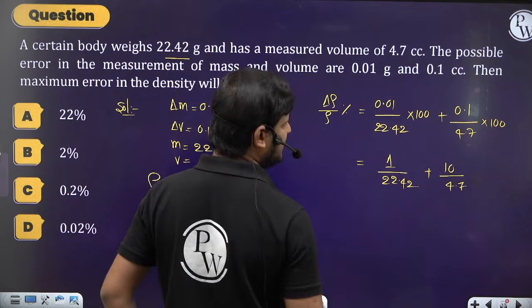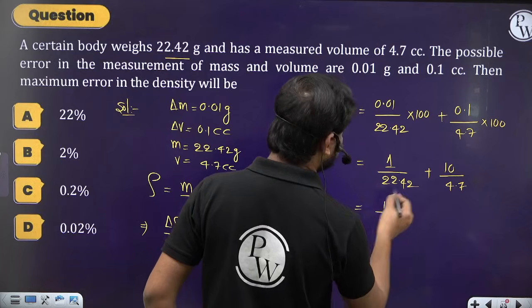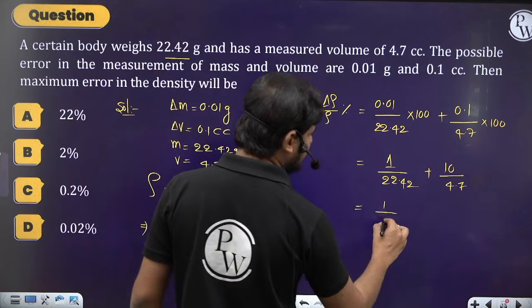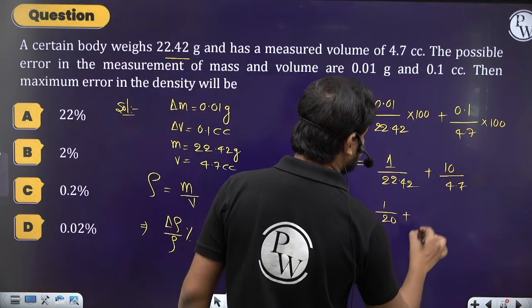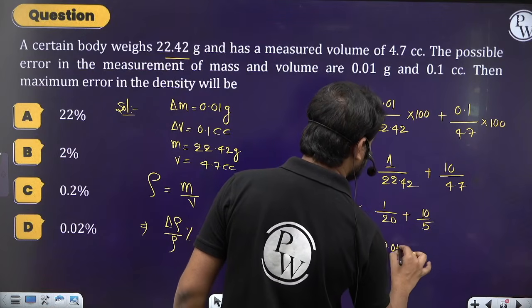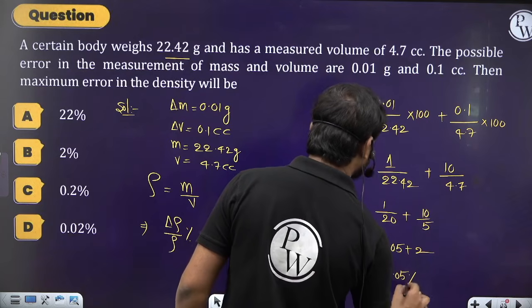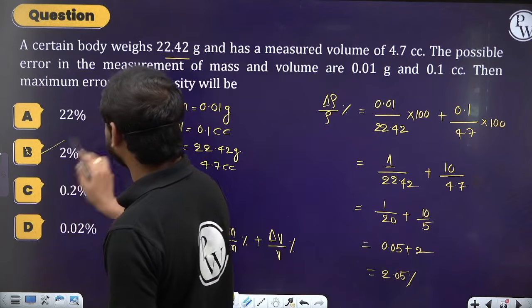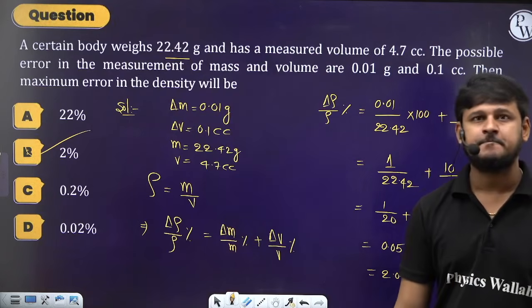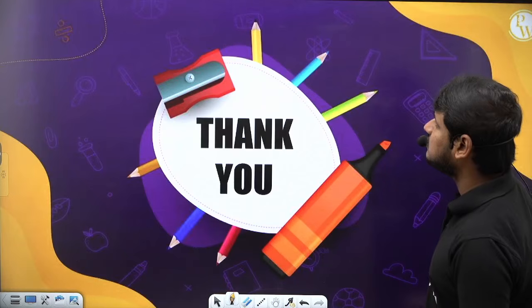Taking approximation values, I take 1 by 20 plus 10 by 5, which is 0.05 plus 2, so 2.05% approximately, which is nothing but approximately 2. Clear, guys? Understood? Next.